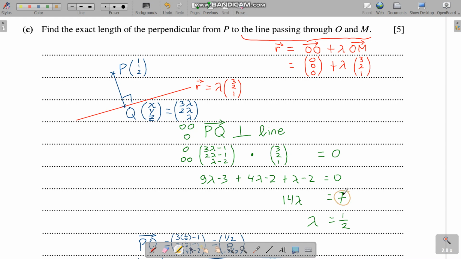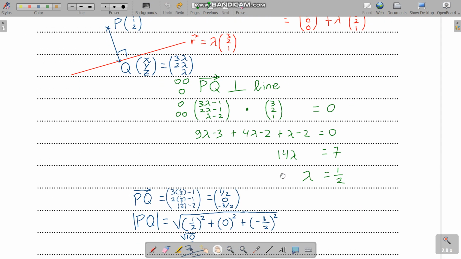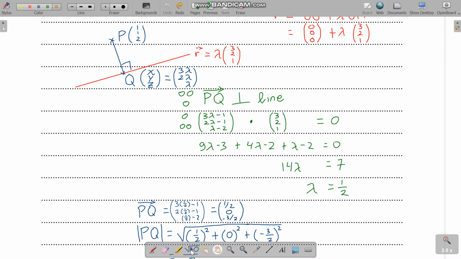Move to the right, plus 7, so lambda is 1/2. After we find lambda, we plug in, we get the value of PQ. So PQ is this vector. We know the lambda is 1/2. Replace the lambda with 1/2, and you use a calculator, you get (1/2, 0, -3/2).